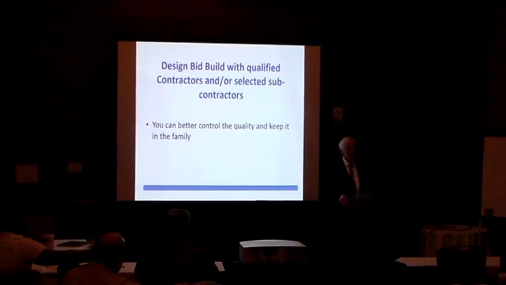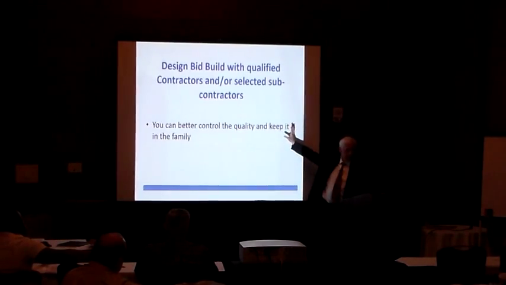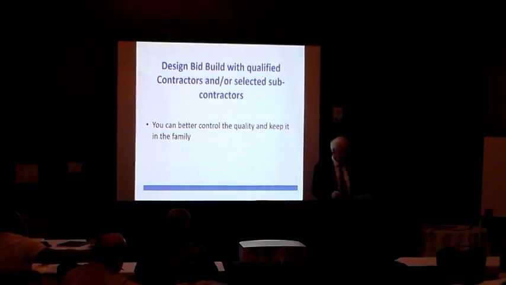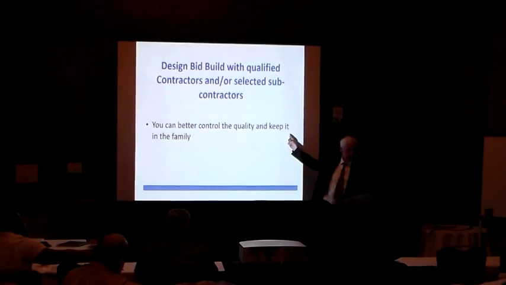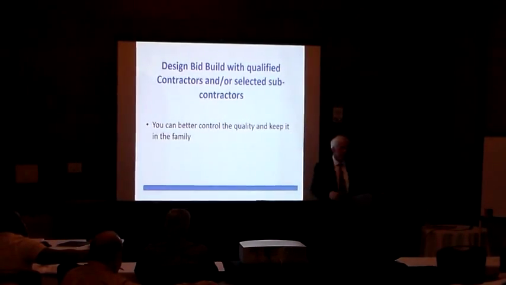And this can handle a lot of issues, it really can. And so when you, for other reasons, want to use hard bid, and there are a lot of good reasons to do it, this would be my suggestion: use qualified subs wherever you can.